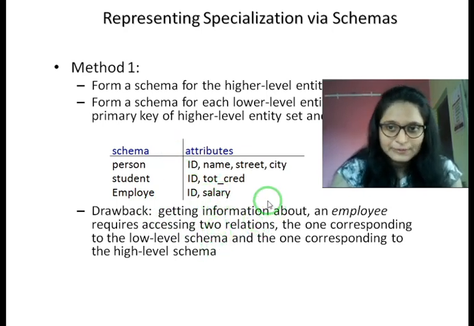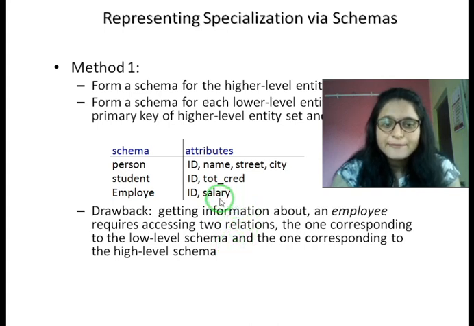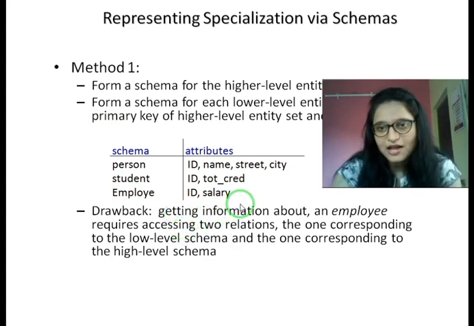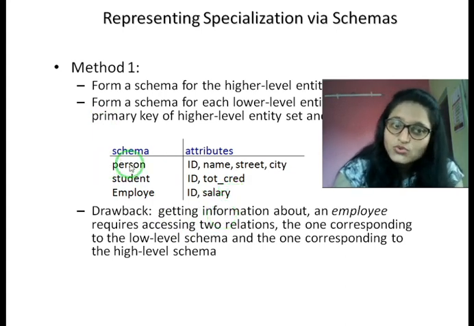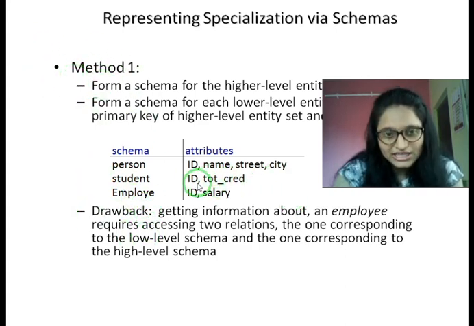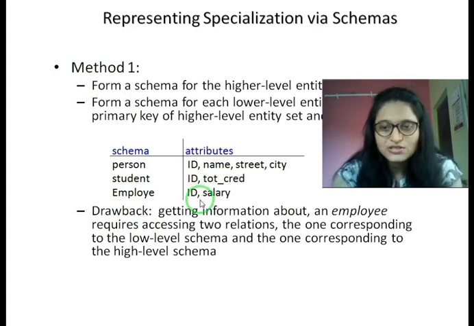Okay, so dear student, this has one drawback: for getting the information about the employee, I need to traverse two schemas. Suppose I want employee information from this database. At that time I must search all the detailed information of the employee from two schemas. This is the one drawback of this method, whenever I only include the primary key of the parent entity in the subgrouping.